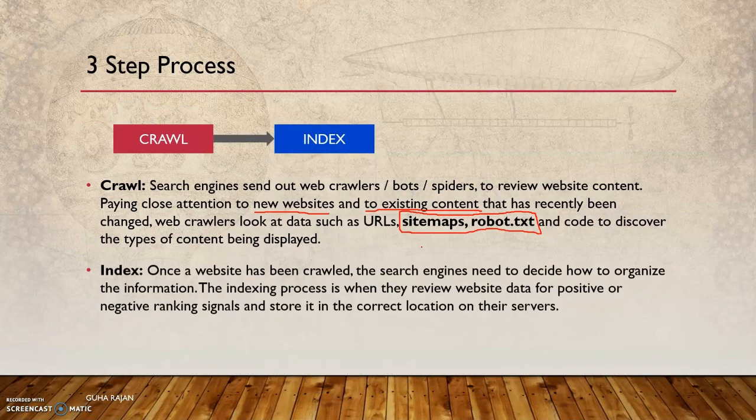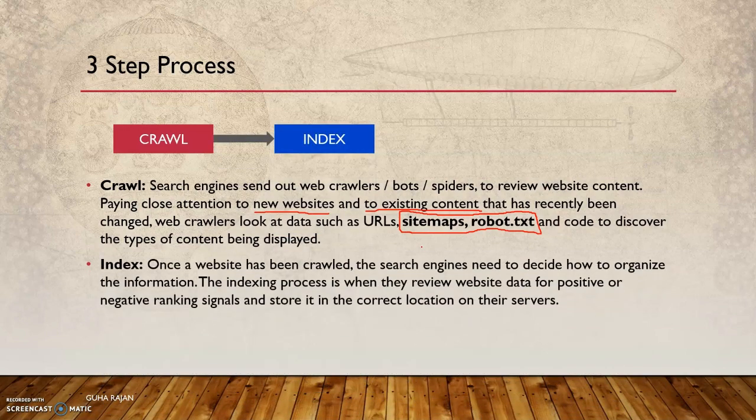So the next step is the index. Once your website has been crawled, the search engine needs to decide how to organize the information. The index process is when they review the website data for positive and negative ranking. When does positive ranking happen? There are techniques, like if many websites have associated links, called backlinks, then it is generally ranked high.